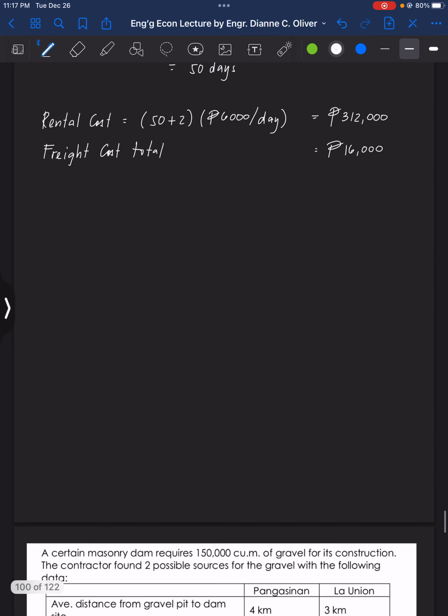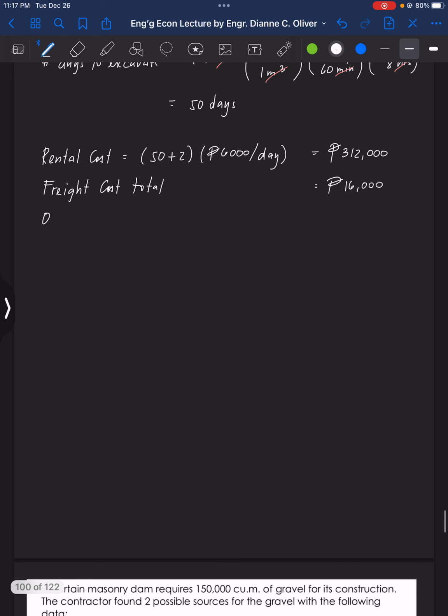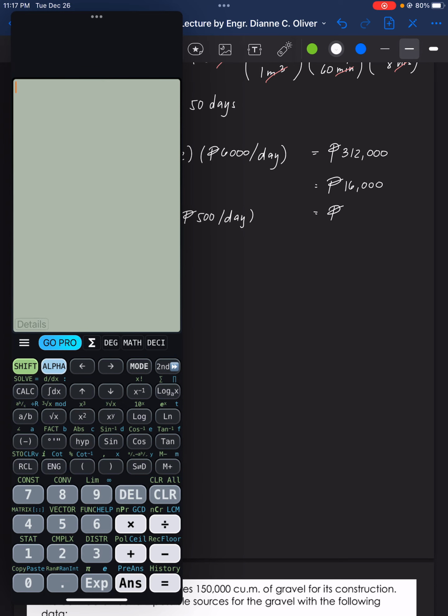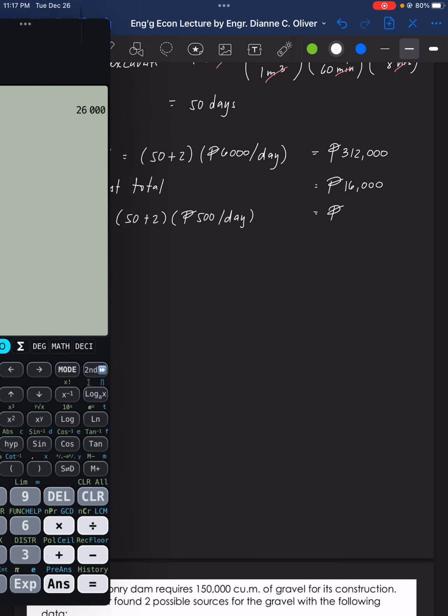So the operator is paid 50 plus 2 times 500 per day. So that is 26,000 pesos.